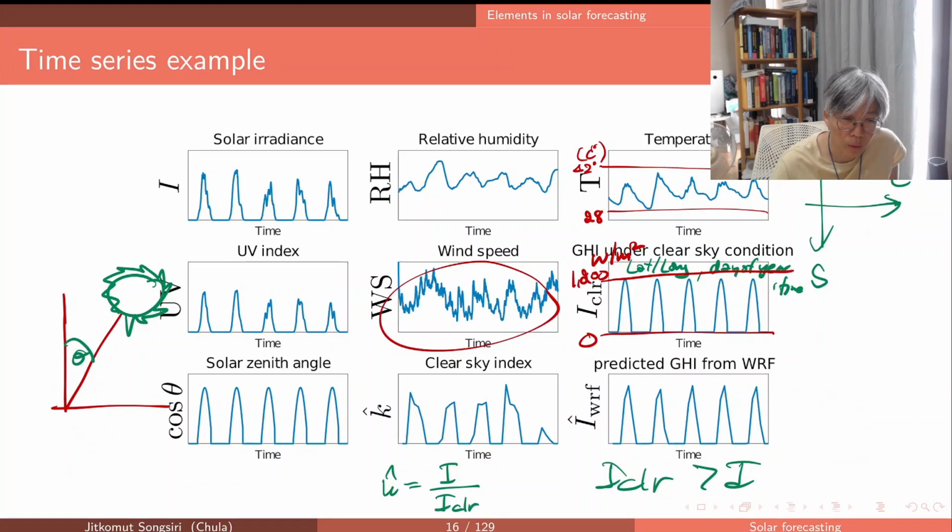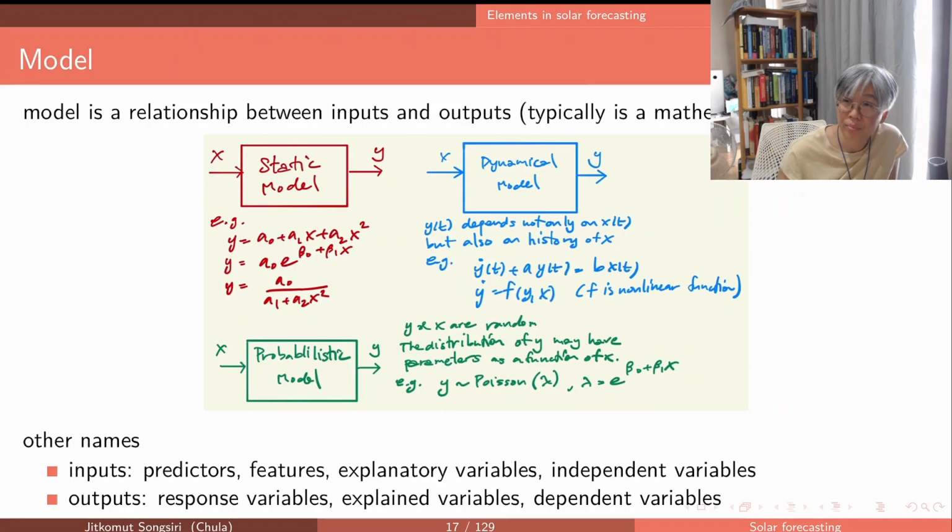With this in mind, the patterns are very complex. It means that if you try a simple model and it doesn't work well enough, you have to adjust the model architecture to be more complex, more nonlinear.